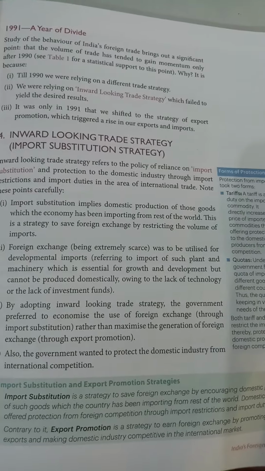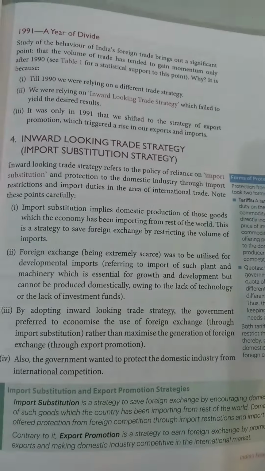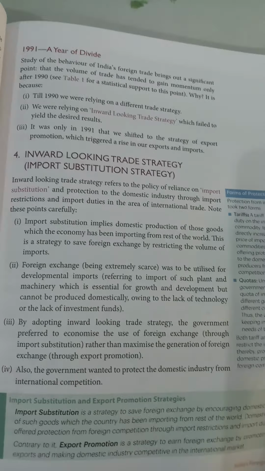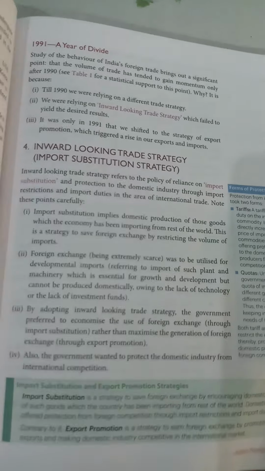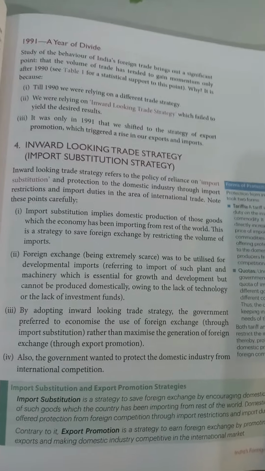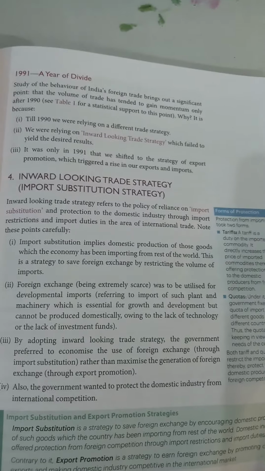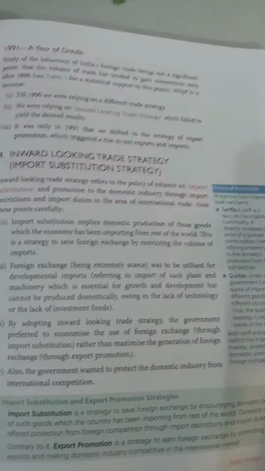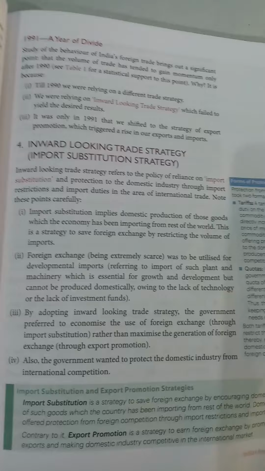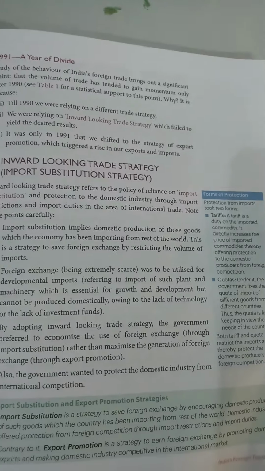Second is quota. Quota means the government fixes a fixed amount of how much import it will allow of goods from different countries, and no country can exceed that quota.